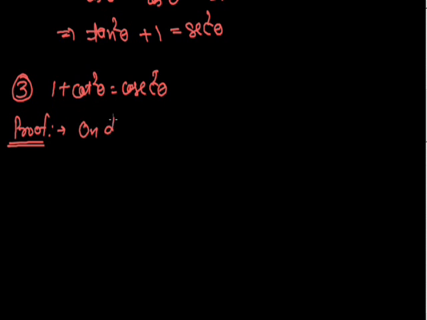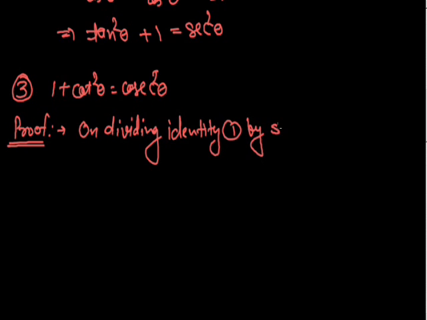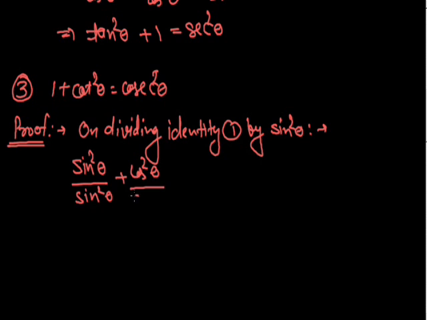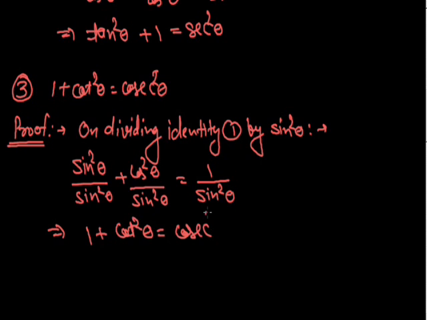On dividing the first identity by sin²θ, we have sin²θ upon sin²θ plus cos²θ upon sin²θ is equal to 1 upon sin²θ. So we have 1 plus cos upon sin, that is cot²θ, equal to 1 upon sin, that is cosec²θ.